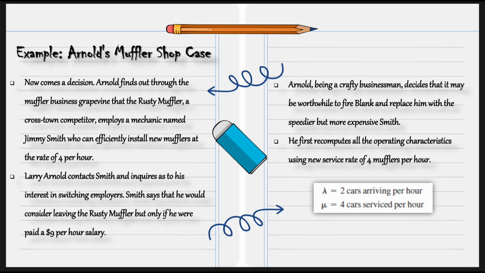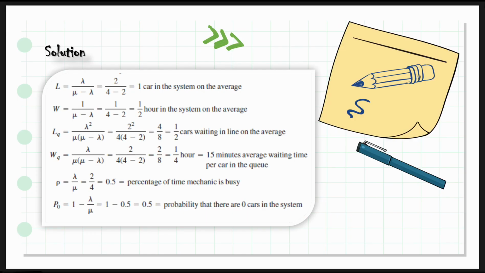So, to find the average cars in the system, L is equal to 2 divided by 4 minus 2, which would be 1 car in the system on the average. Second, to find the time in the system on the average, W is equal to 1 divided by 4 minus 2 and magka-come up tayo sa 1/2 hour.